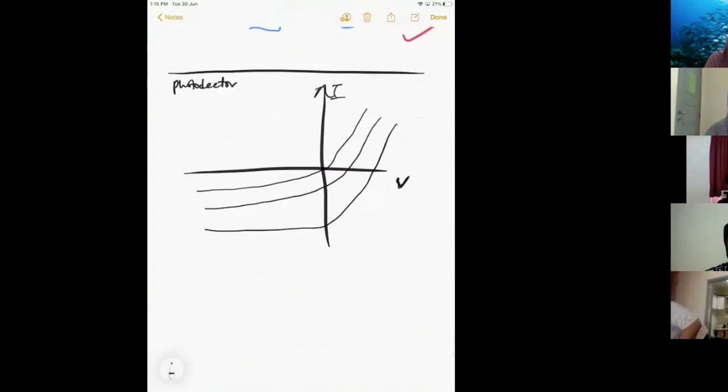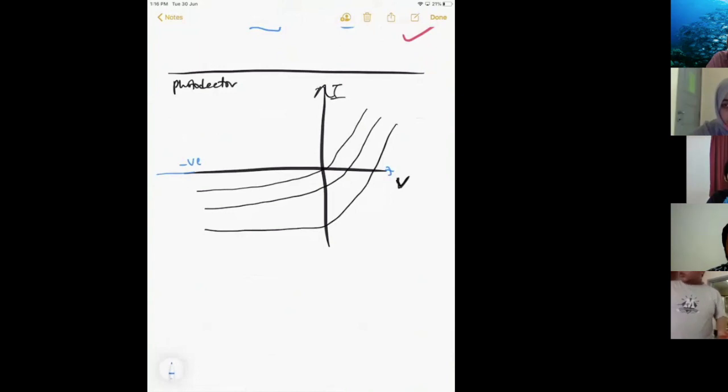Now to answer the question of Anas, basically this is the IV, the current-voltage characteristics. This is the one that Alam was showing. This is positive voltage, and this is negative voltage, right? For breakdown to occur, it needs to occur at very high voltage.